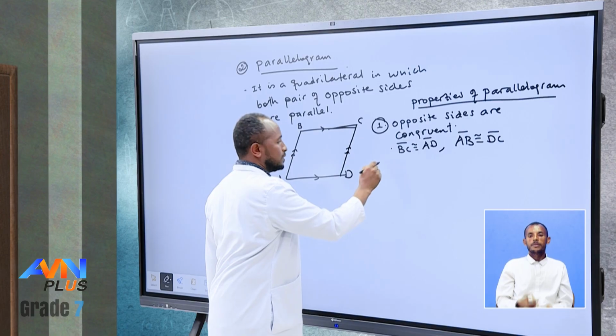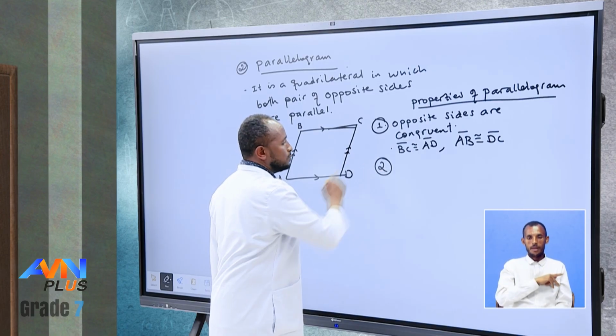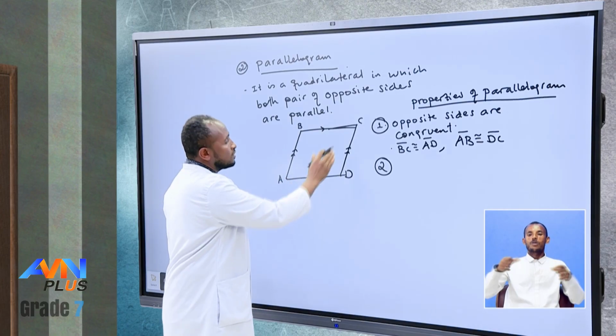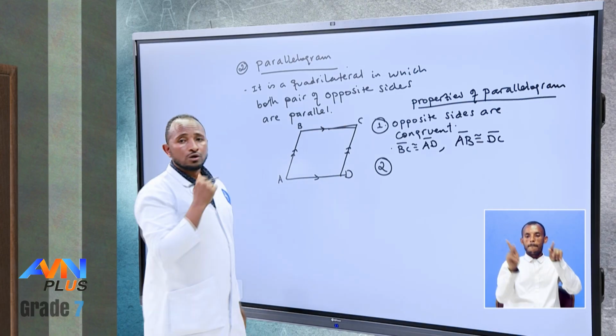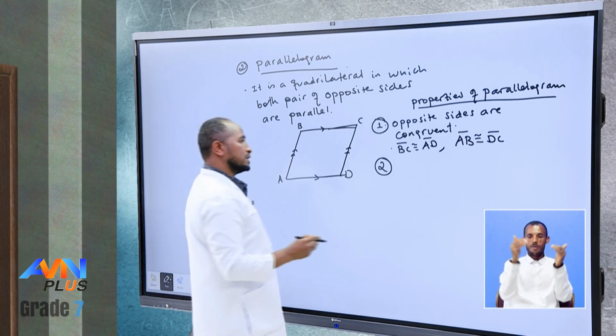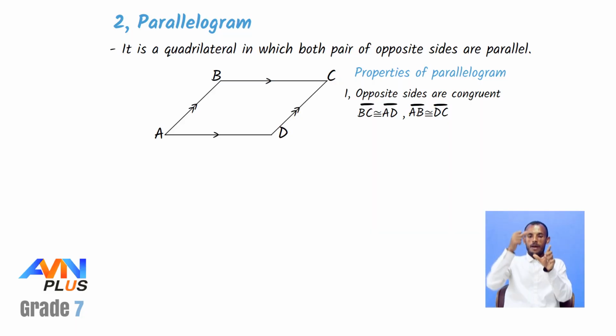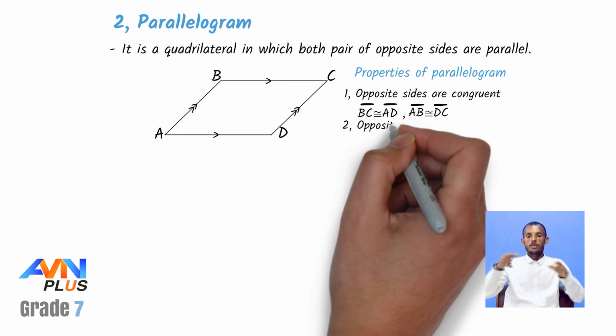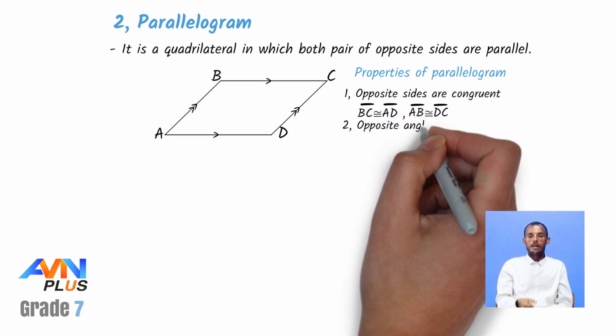This is the first property. The second property: opposite angles of a parallelogram are also congruent. Opposite angles are congruent.